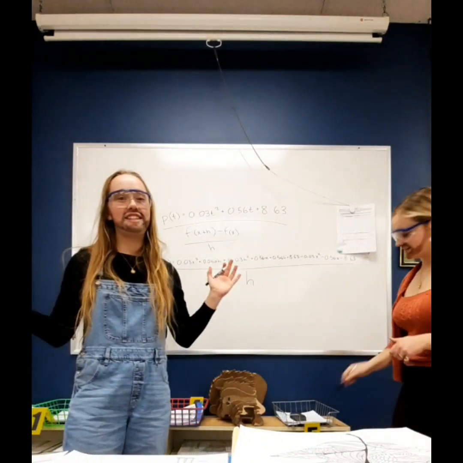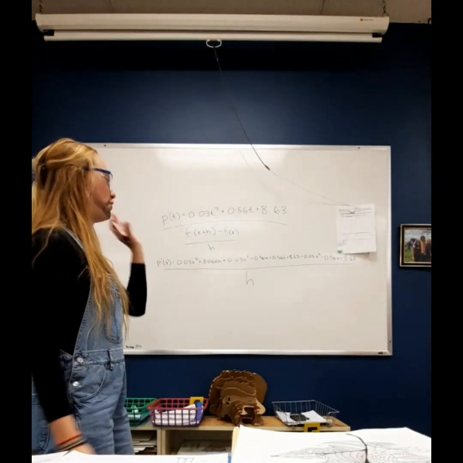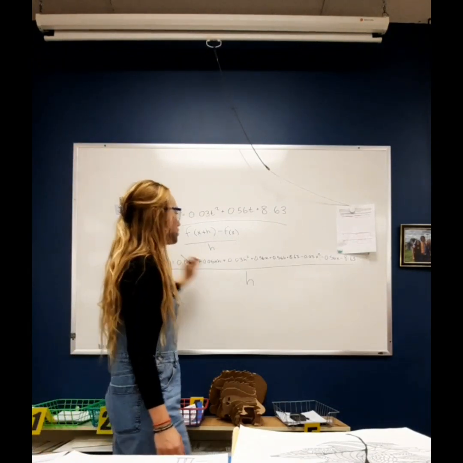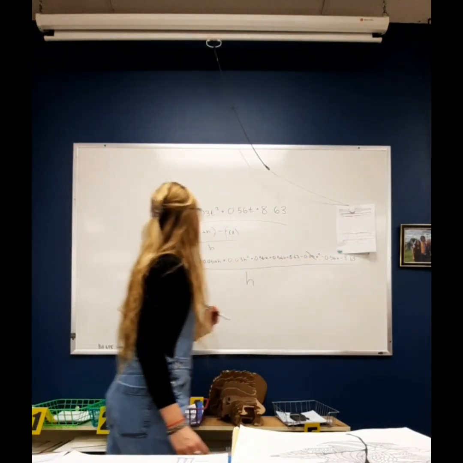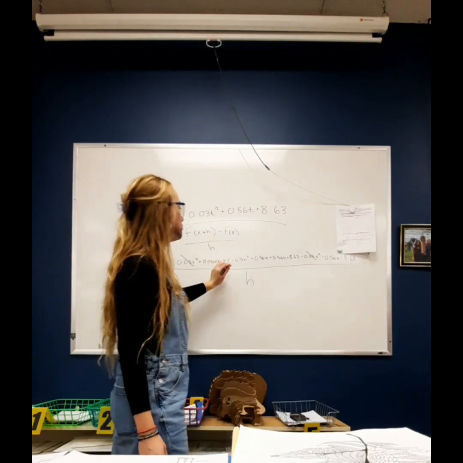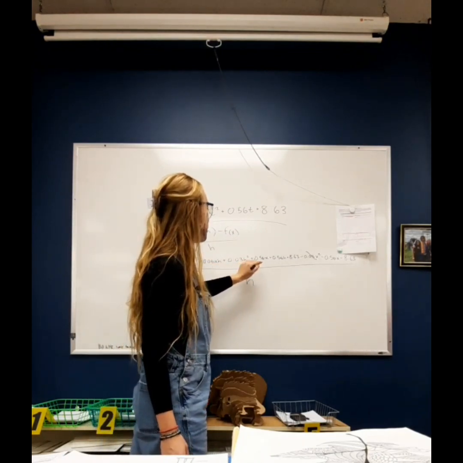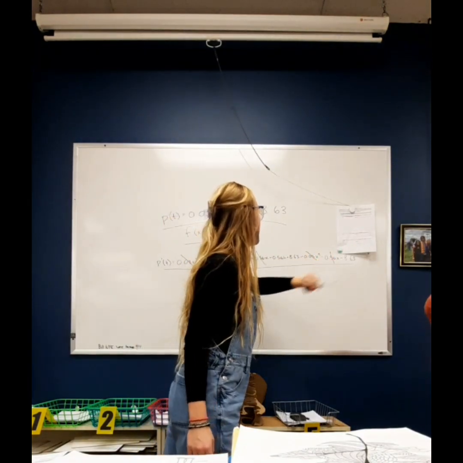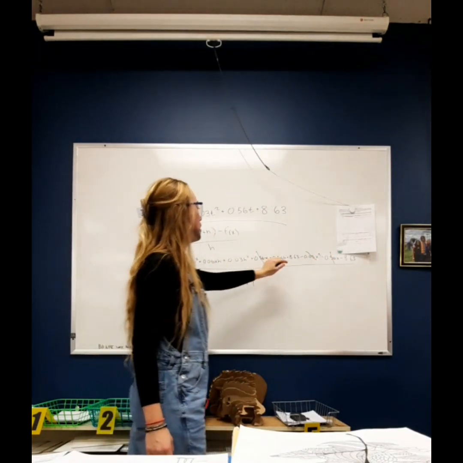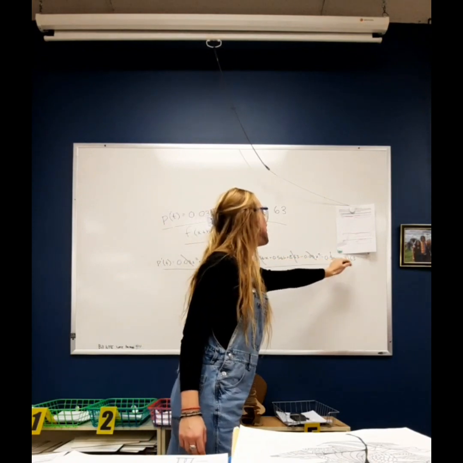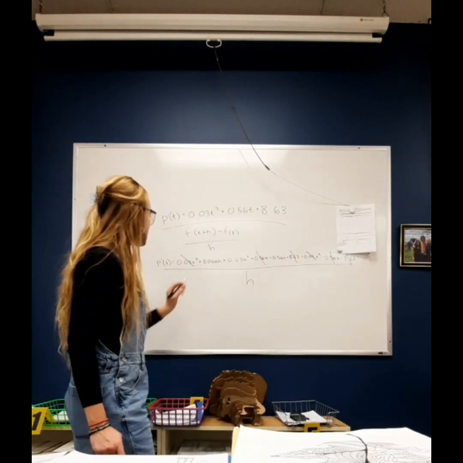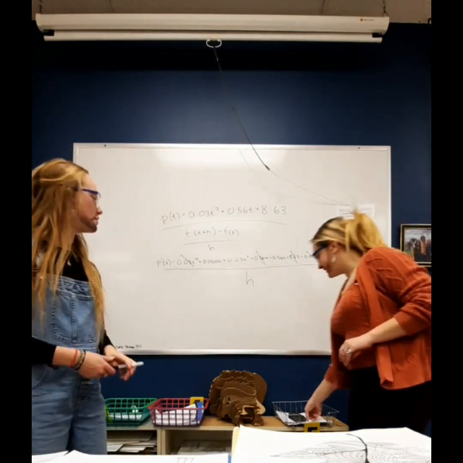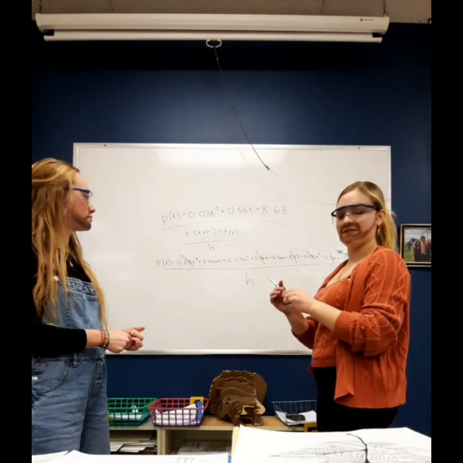And now, here's the easy part. We get to cancel a lot of this stuff out. As you can see, the 0.03 x squared crosses out with the negative 0.03 x squared. Let's see what's next. Our 0.56x cancels out with the negative 0.56x. Our 8.63 cancels out with this negative 8.63. And that's all. And now we can write out what we're left with.